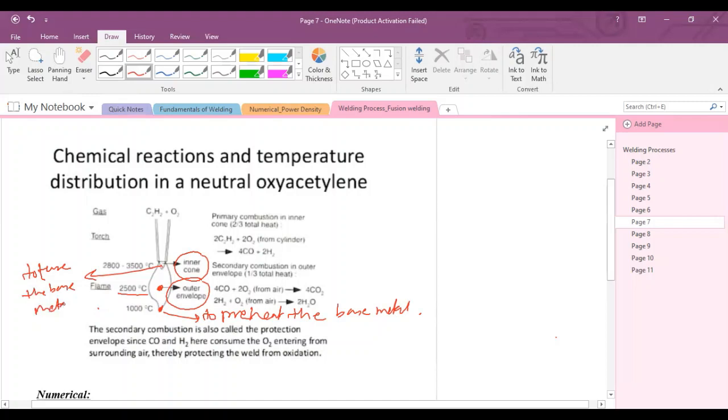The temperature of this inner cone is around 2800 to 3500 degrees centigrade, which is a very huge temperature to melt any base metal. This flame is called the neutral flame, and it is used to weld ferrous and non-ferrous metals.